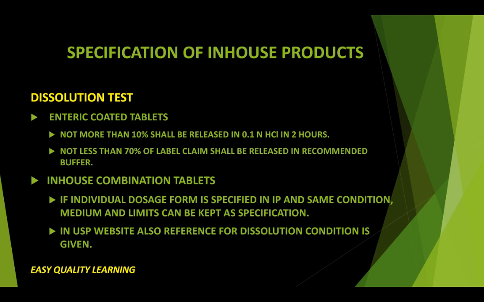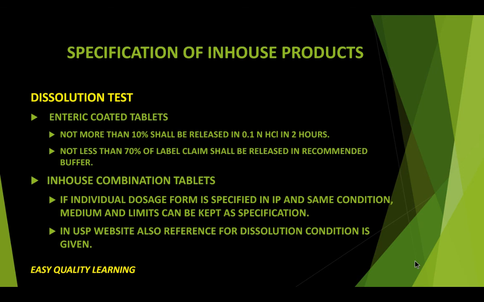Then dissolution test in enteric coated tablets. Not more than 10% shall be released in 0.1 normal HCl in 2 hours, and not less than 70% of the label claim shall be released in the recommended buffer. So these are the general limits which we need to keep for enteric coated tablets not specified in pharmacopoeia.